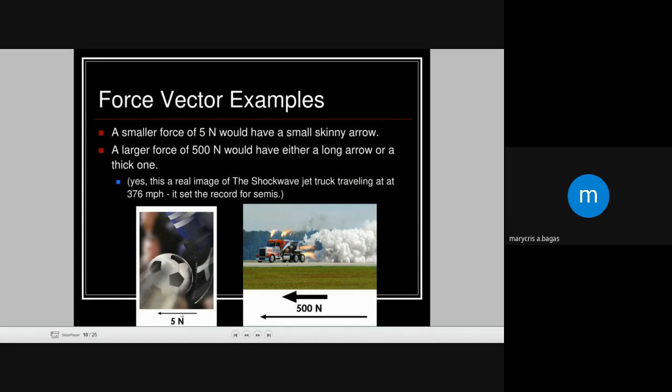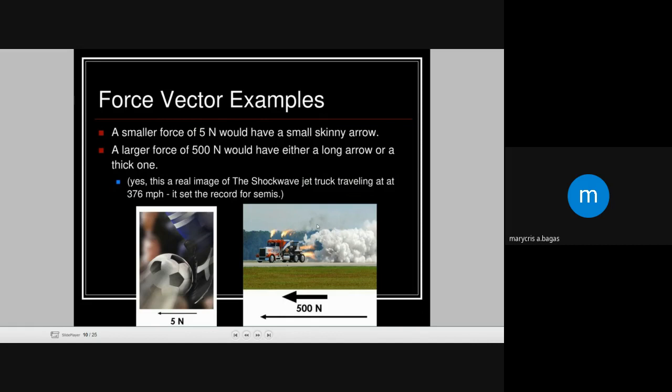You can see a thin or skinny arrow that indicates 5 newtons only, a smaller force. Now, on the right side, you can see a larger force of 500 newtons. Look at the truck. It would have either a long arrow or a thick one.